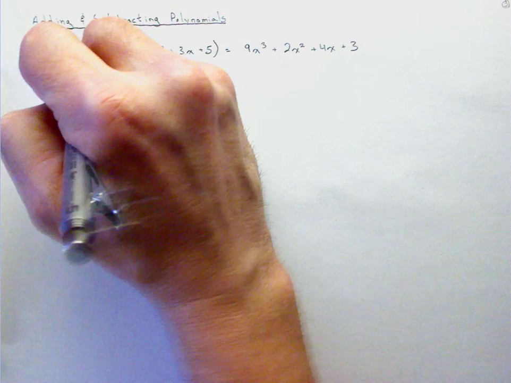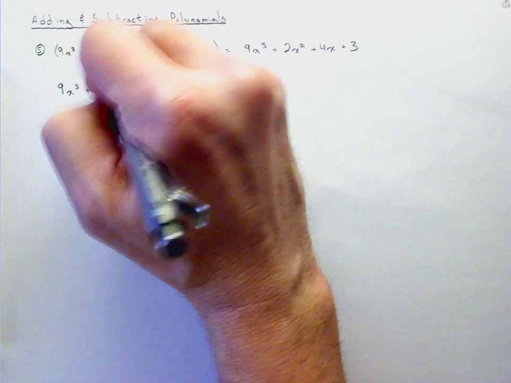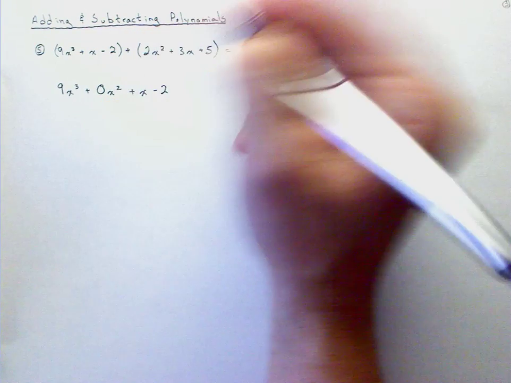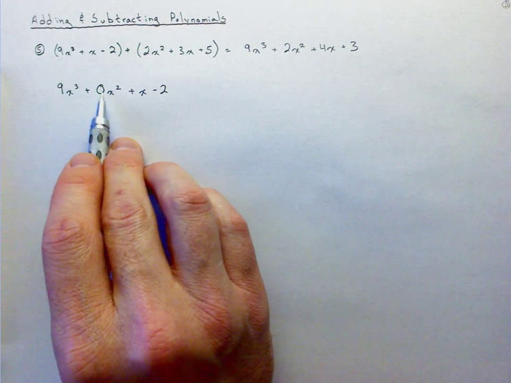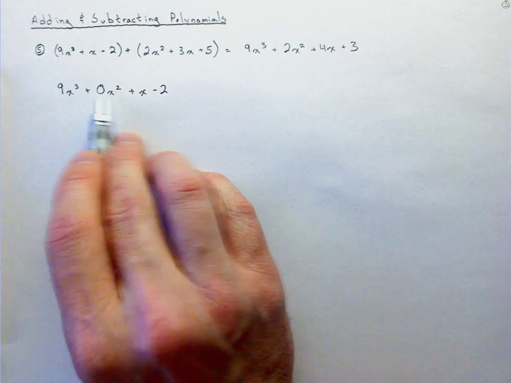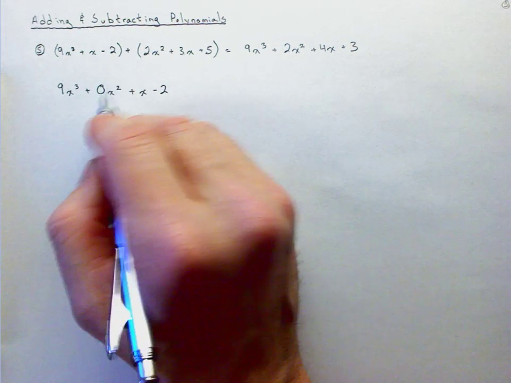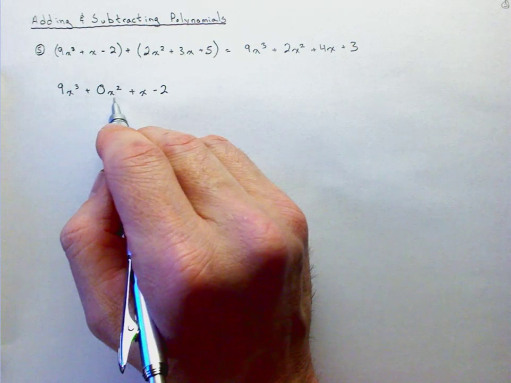9x cubed plus 0x squared plus x minus 2. Notice what I did? I filled in for that x squared spot there. Anything times 0 is 0, so this whole quantity is 0. 0 is a placekeeper.